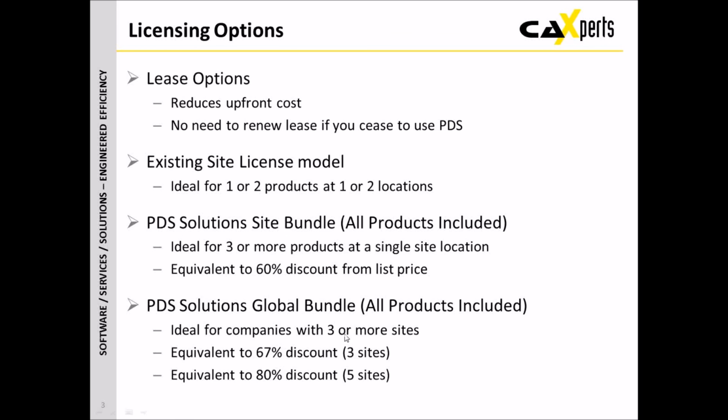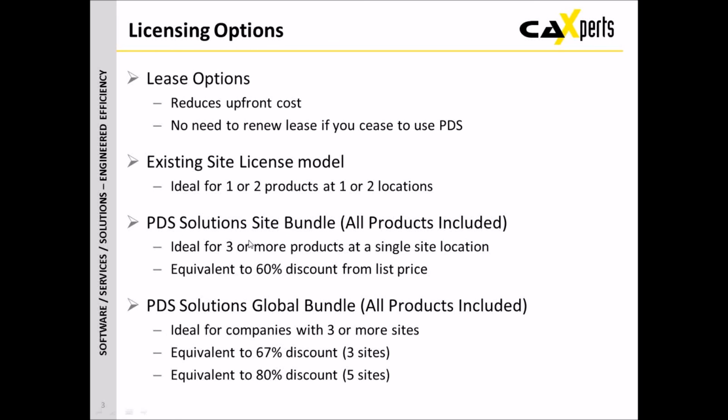And so if we just took it on the basis of 3 sites, that would give you an equivalent discount of 67%. If you increase to 5 sites, it's 80%. So it's a flat fee, irrespective of how many sites you get. The more sites, the better value it becomes. So hopefully, again, that is clear. But if you do have any questions about that, then please feel free to follow up with us at a later stage.